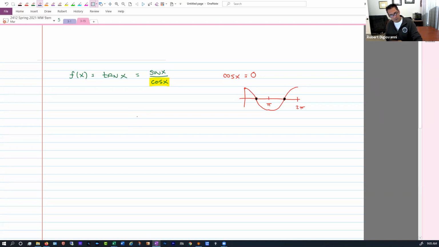So when we go to graph the tangent, I warmed my hand up, I guess. Okay, so we know that if we go to, let's say this is pi, we go to pi over 2, on the tangent function, we'll have a vertical asymptote here, because it'll be undefined. And we have another one over here at 3 pi over 2.